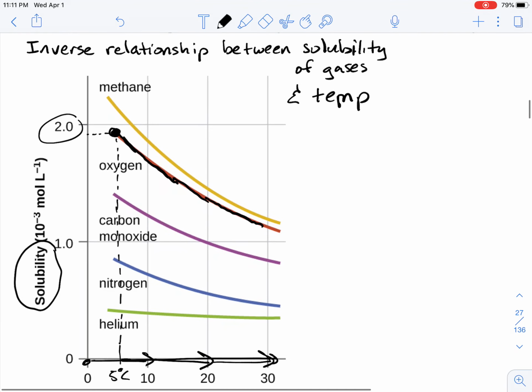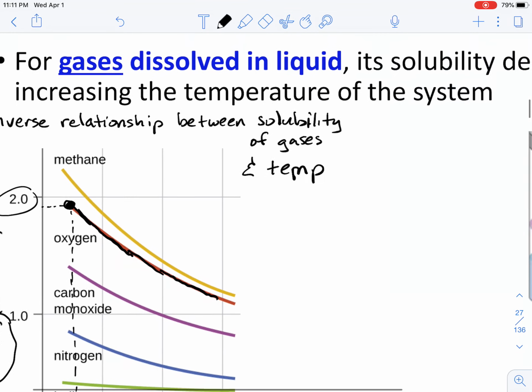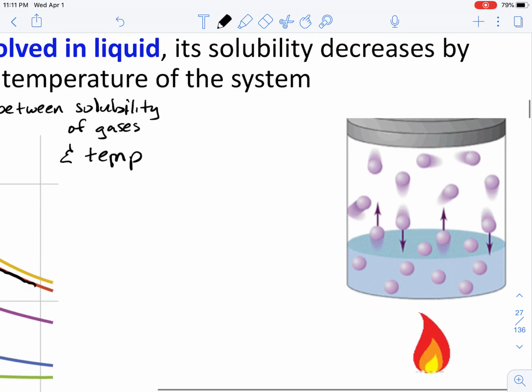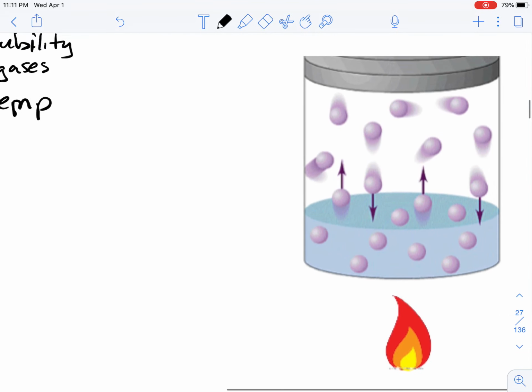And what we want to do is understand the reason why. For us to do that, we're going to take a look at this diagram on the right-hand side. Let's just say that these purple spheres are representing a gas molecule. It doesn't really matter what gas molecule it is. All we need to know is that it can enter the gas phase.